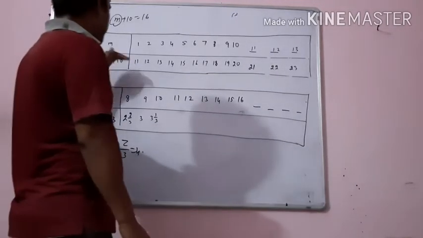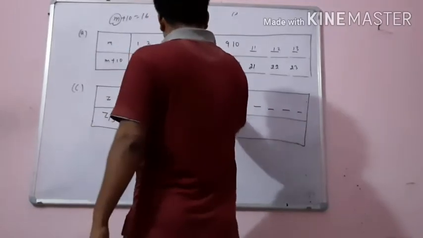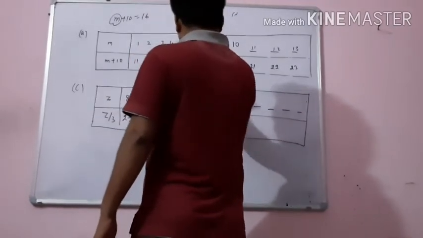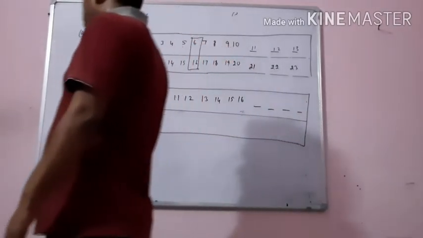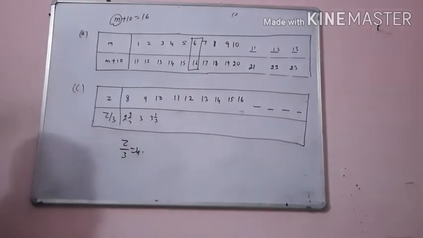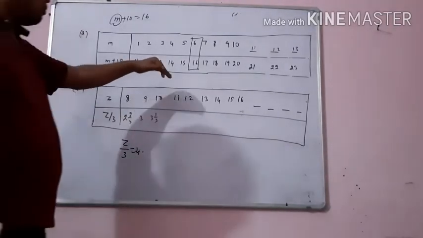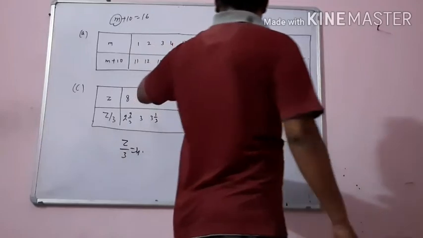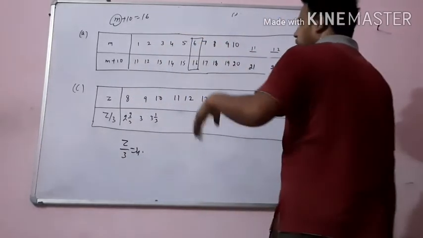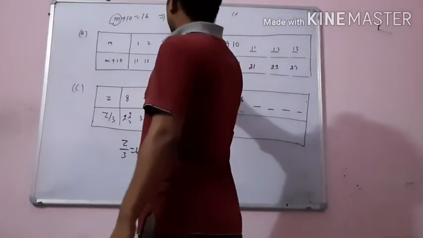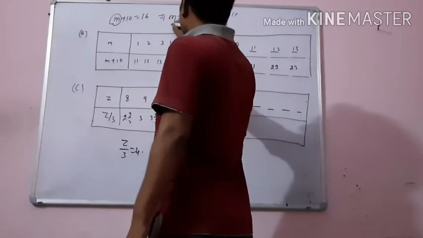So m plus 10 equals 16, this value. What is the corresponding value where we are getting 16? We get 16 when n equals 6. So what will be the solution? Here n will be 6.